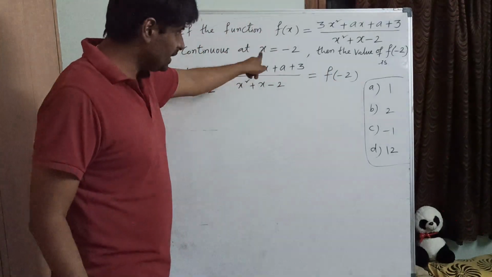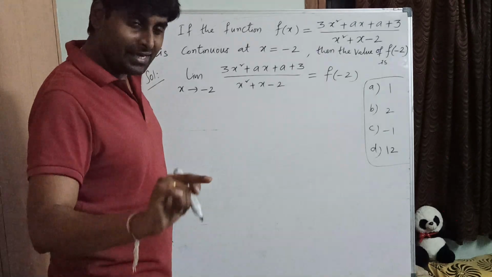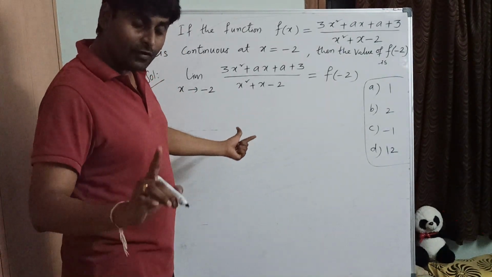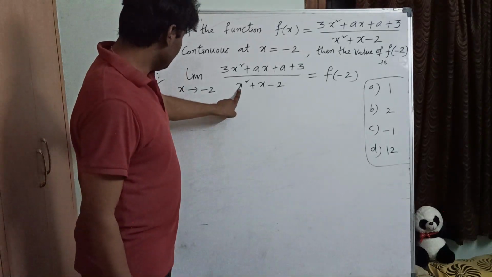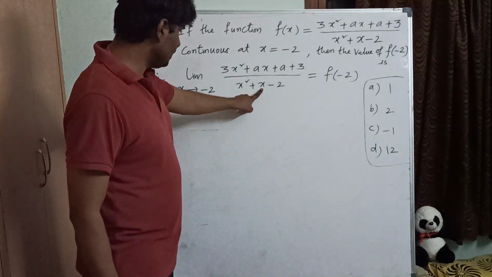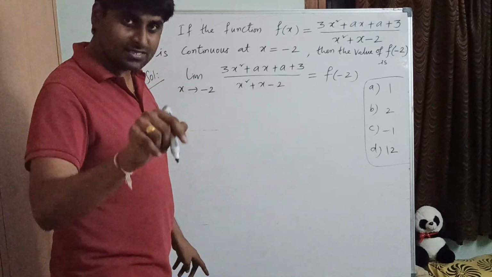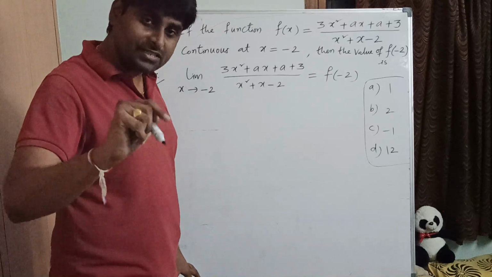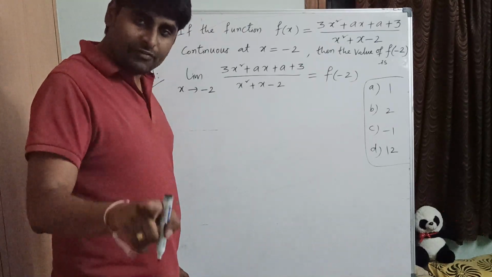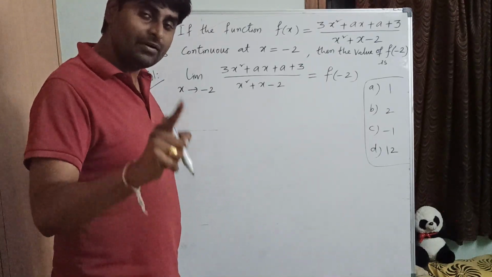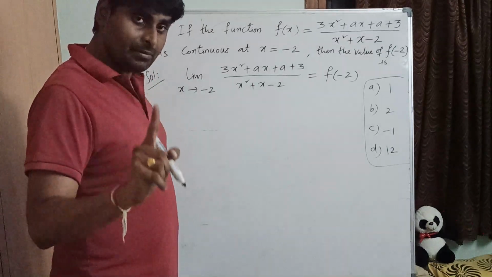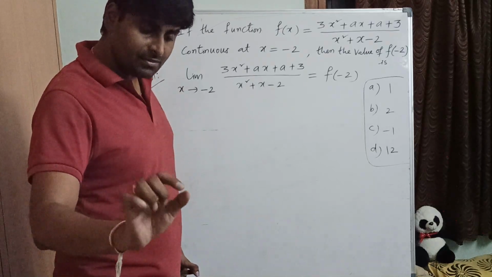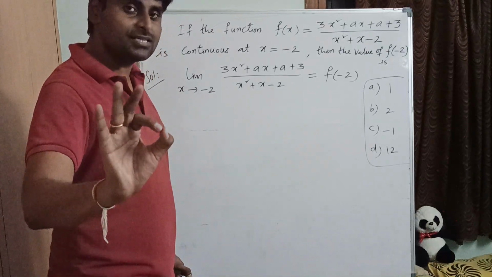Simply the limit of this function is the answer. Now tell me, can I substitute the limit directly here? What happens to the denominator first? 4 minus 2, 2 minus 2, 0. The denominator is 0. But the numerator also must be 0. Whenever the function is continuous, it must be defined, meaning it must be in the form of 0 by 0. Always remember this.